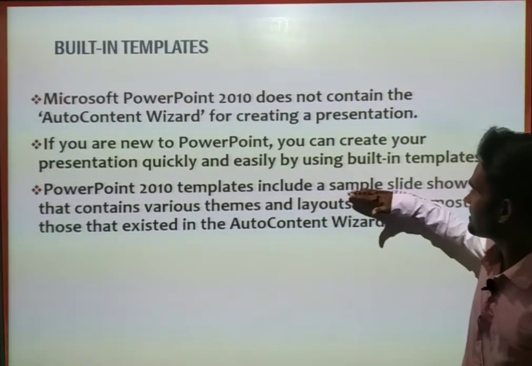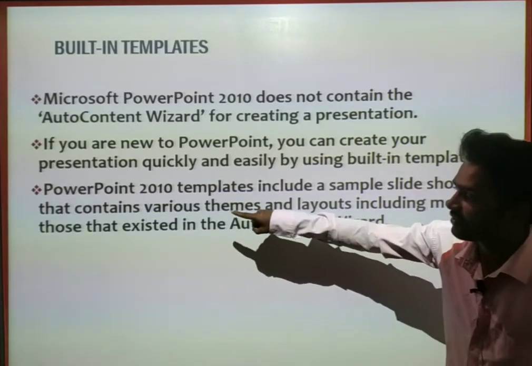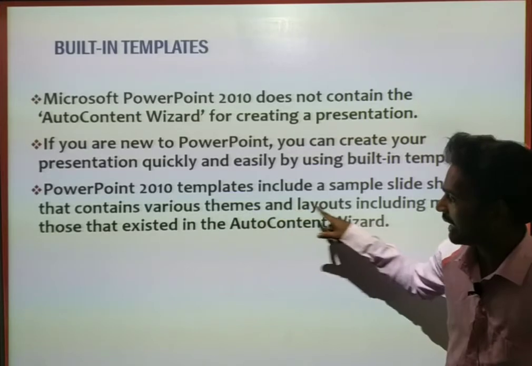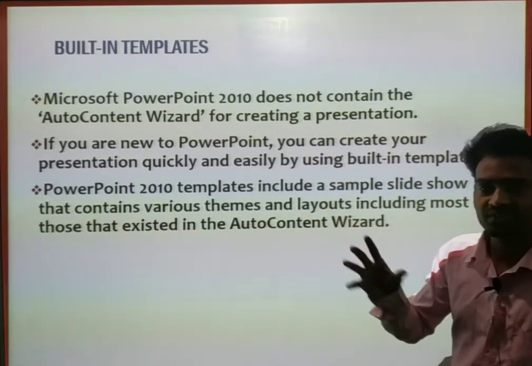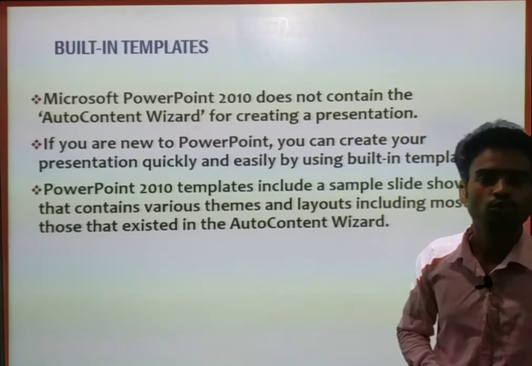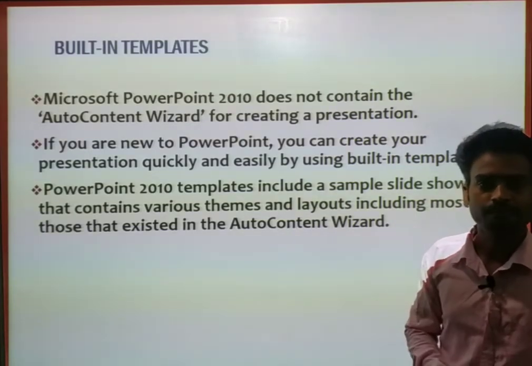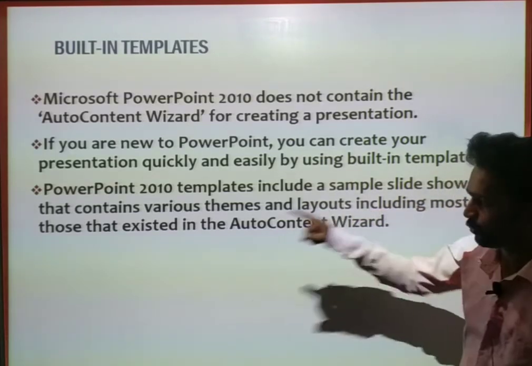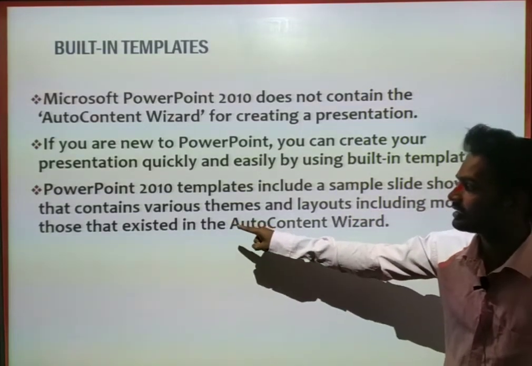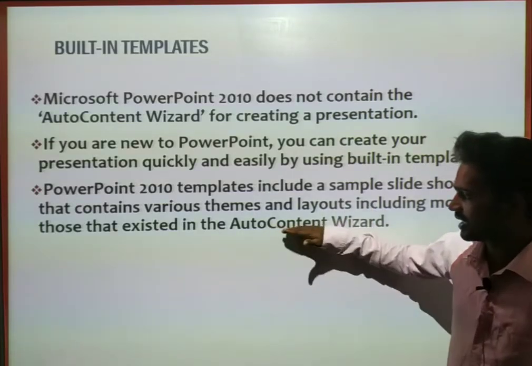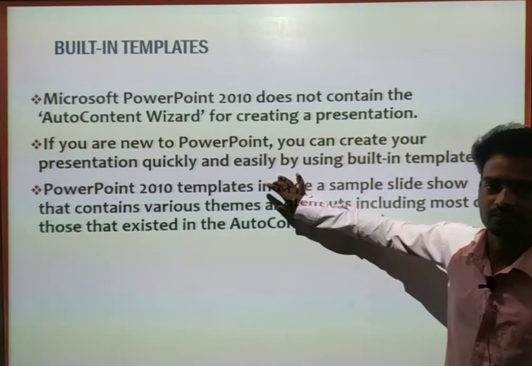It has a sample slide show that contains various themes and different types of layouts. Yesterday we have seen how to open layouts, right? And today, the layouts include most of those that existed in the auto content wizard. Whatever was mostly in the auto content wizard is available in the template.